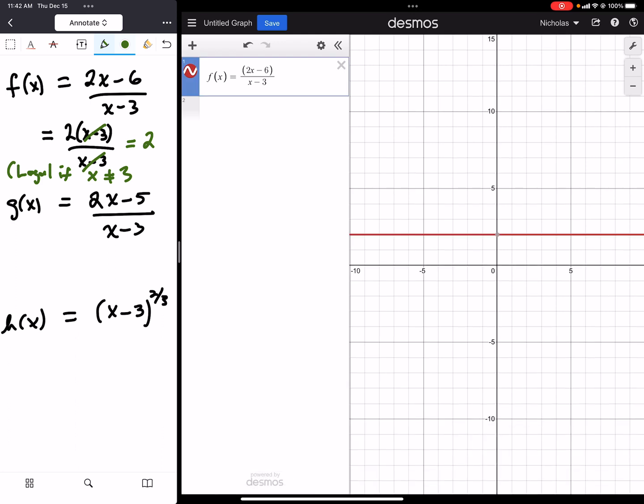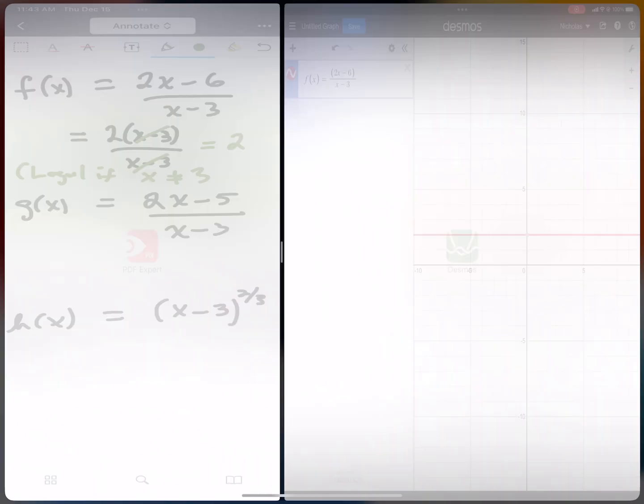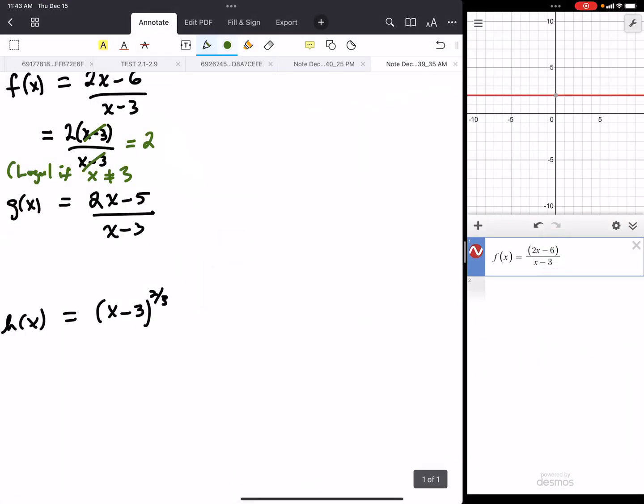It might be hard to see on Desmos, but if I scroll over with my pen all the way to 3, you'll see there's actually a secret little hole here. So if I were to graph this function on paper, I would graph f of x like this: I'd have x equals 3 here, and I would have nothing.